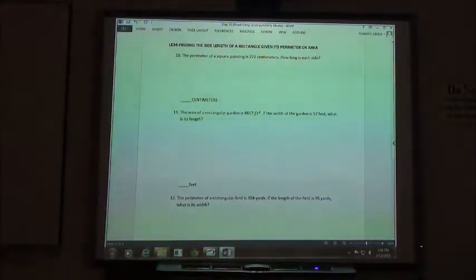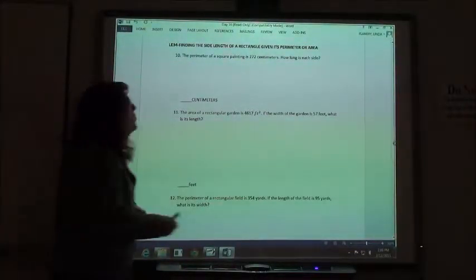All right, the next ones are finding the length of the missing side if you know the perimeter or the area of the shape. So in that review section, we did all those squares and rectangles and all of that good stuff. It says the perimeter of a square painting is 272 centimeters. How long is each side?